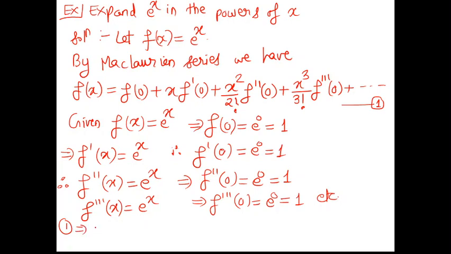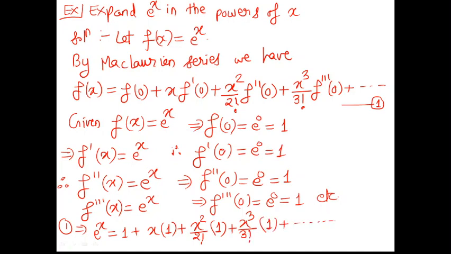So equation 1 implies, what is f of x? f of x is e raised to power x, f of 0 is 1, x times f dash of 0 is 1, plus x square by 2 factorial times f double dash of 0 which is 1, then x cube by 3 factorial times f triple dash of 0 which is 1, like this.